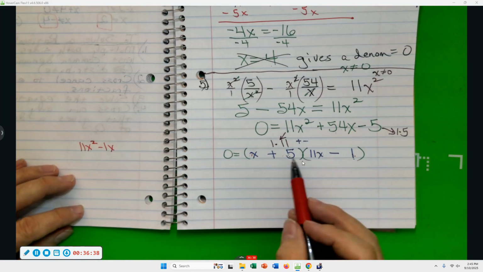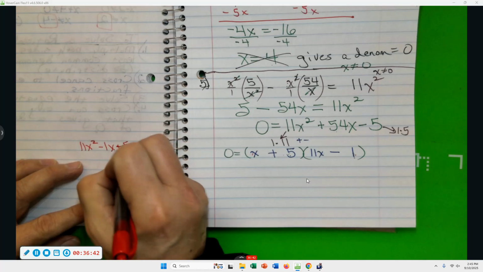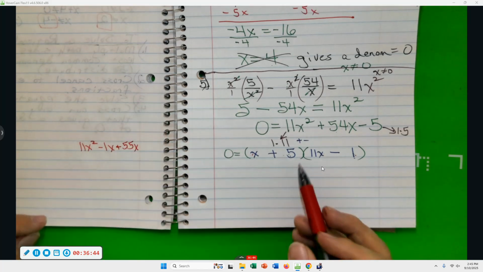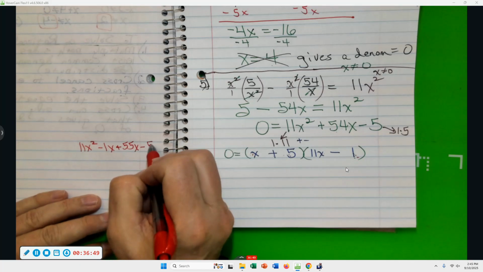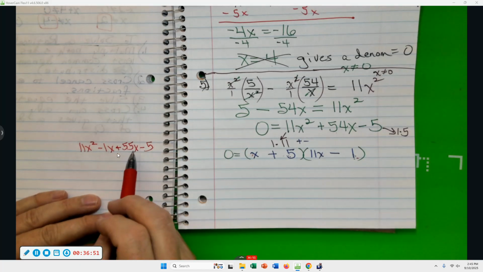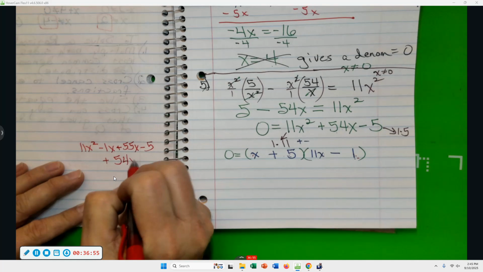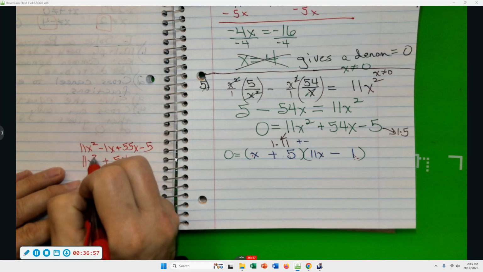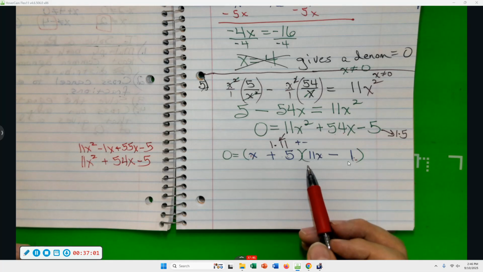Inner. Plus, okay. Last. Negative 1x plus 55x gives me a plus 54x. Is that what I needed? Yes, it is. So this is the correct factorization.